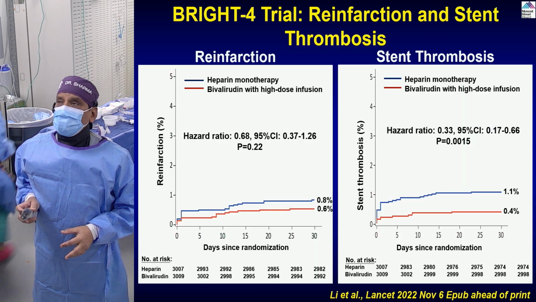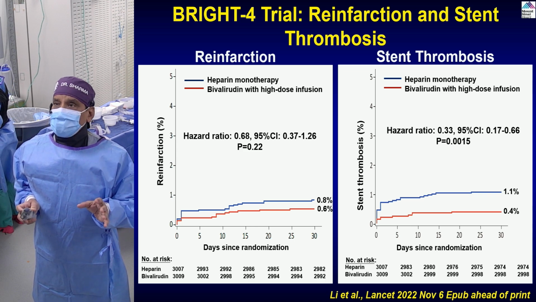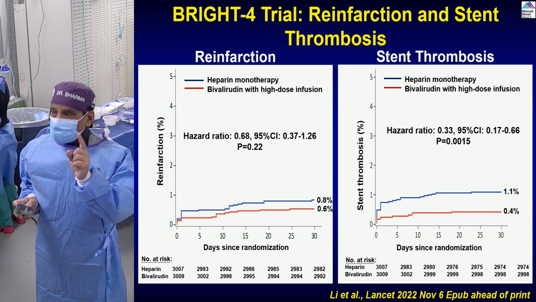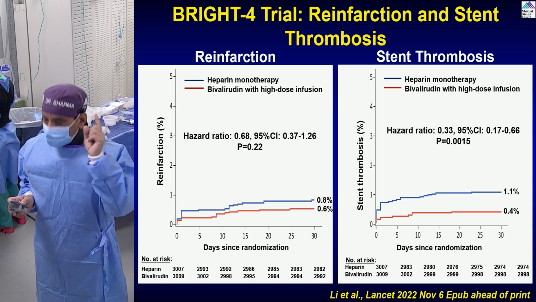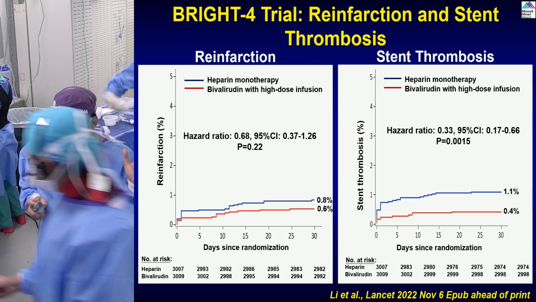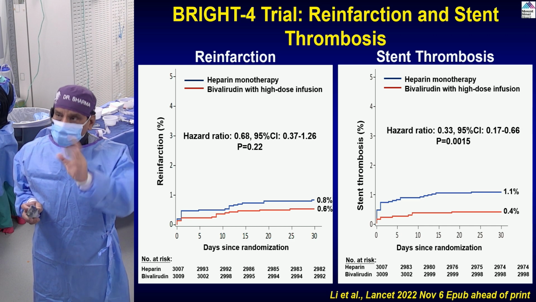So now what about the reinfarction and stent thrombosis? Very important. No difference in reinfarction, but more important, stent thrombosis. Remember, it was 1% higher stent thrombosis in the HORIZONS trial when you stopped the infusion after the MI. So now you continue the infusion, you can see stent thrombosis has now gone the other way around.